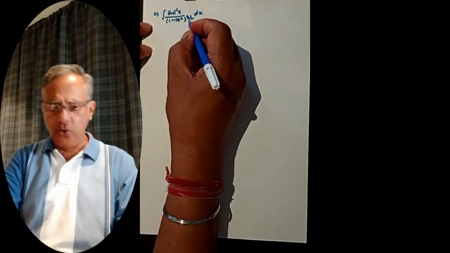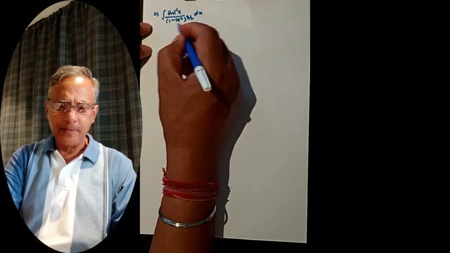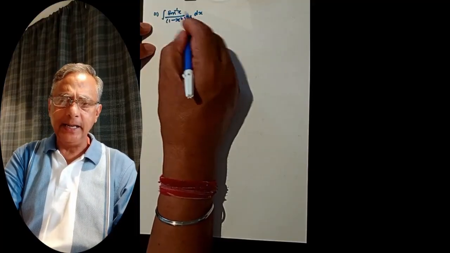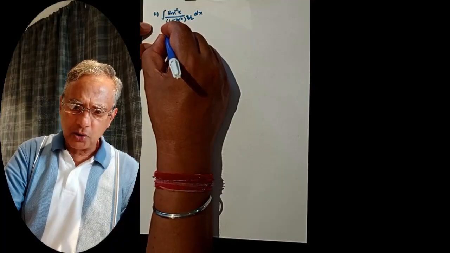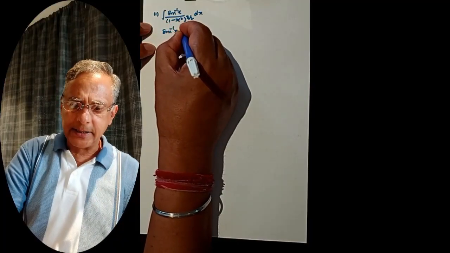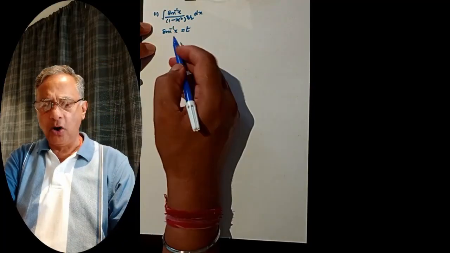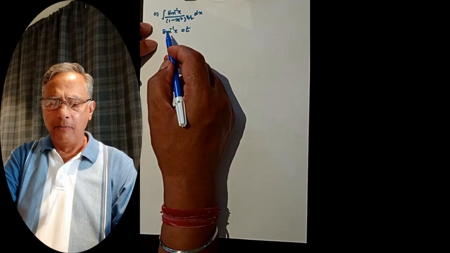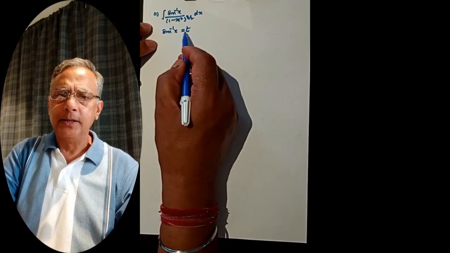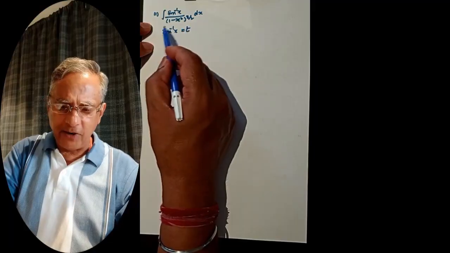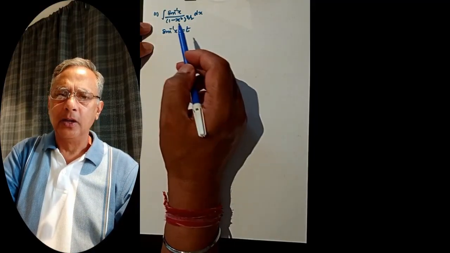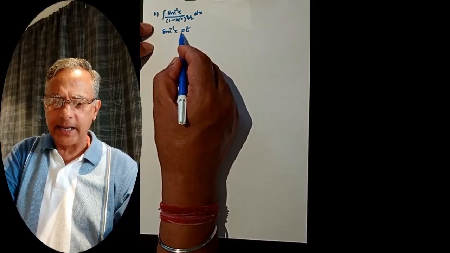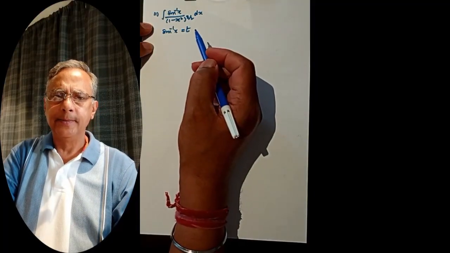So what we do in this case is we simplify this question first. What we do is put sine inverse x equal to t, because we do not have many formulae for sine inverse x. So I will first eliminate sine inverse x. So we put sine inverse x equal to t.